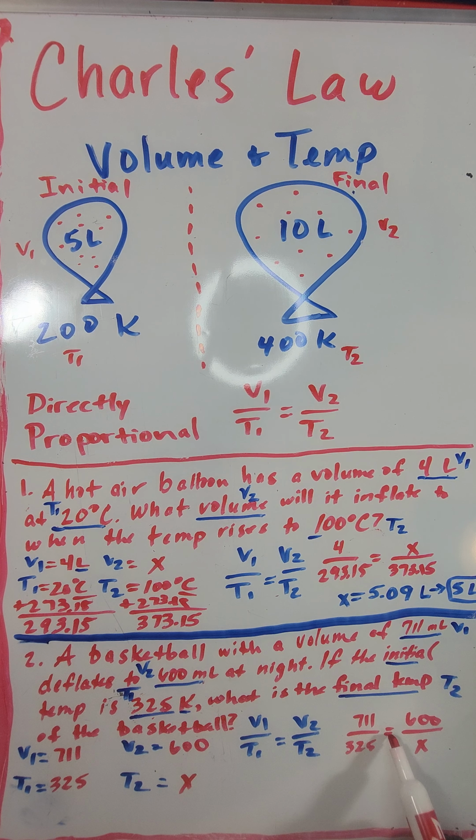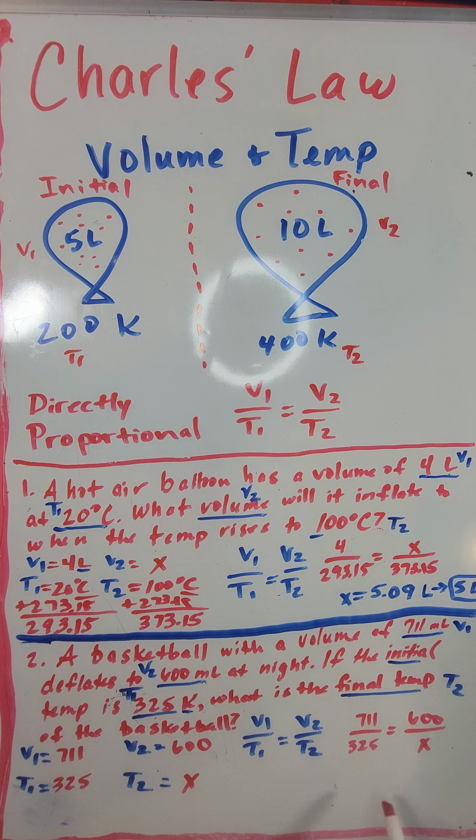If it was a fraction times a fraction, then you have to multiply across the top and then across the bottom. But because it's a fraction equals a fraction, you're going to multiply like this, and then set your products equal to each other.